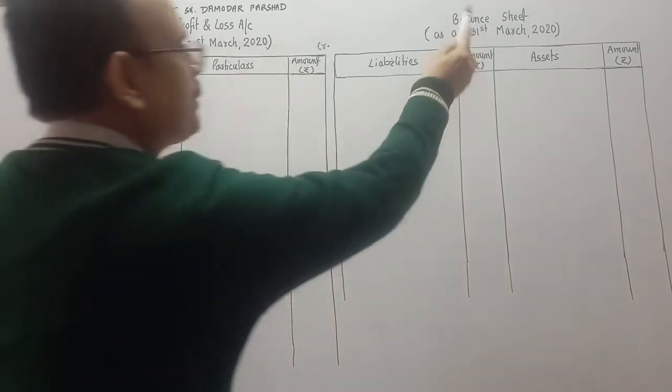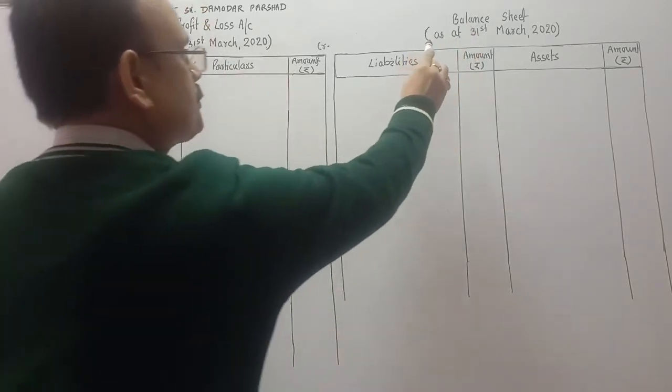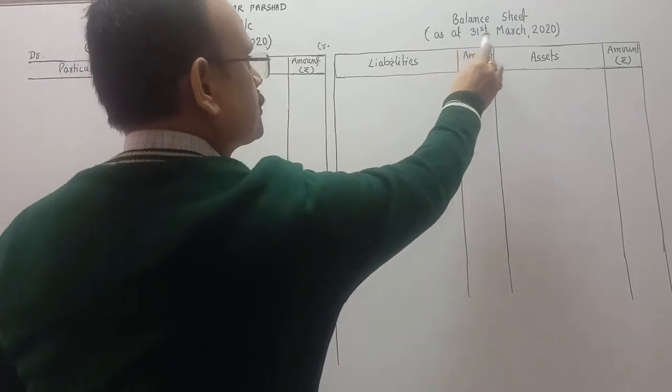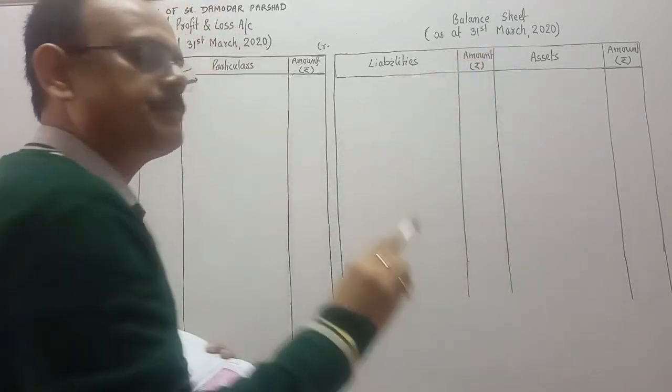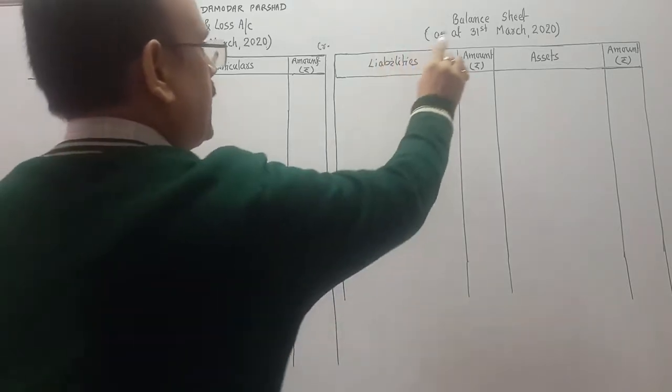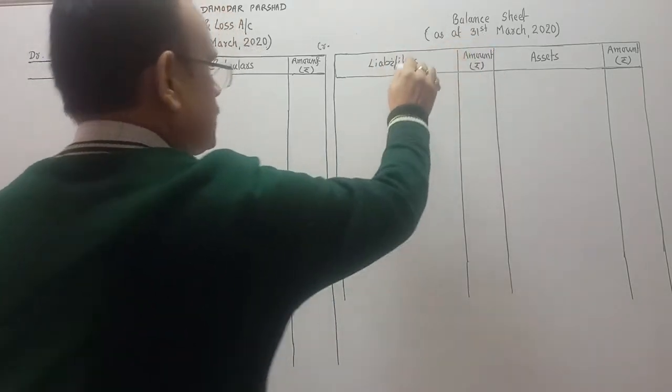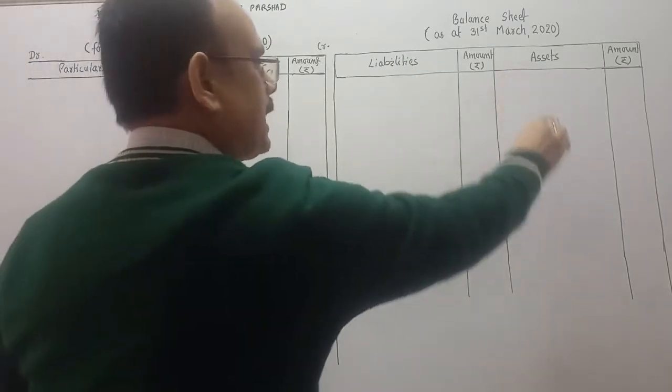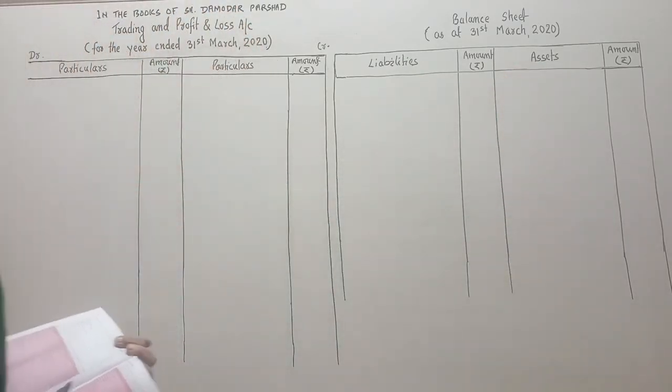This is the format of a balance sheet. The balance sheet is prepared as at 31st March 2020, on a particular date. As at this date, on this side we write liabilities and on this side the assets.